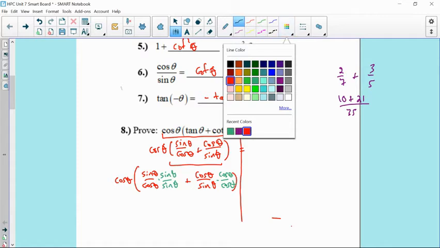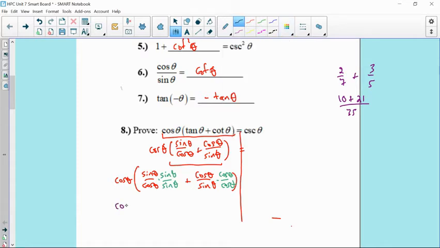So when I do that, I still have this cosine of theta. Now this becomes sine squared theta. And I can't really simplify this. It's just sine theta, cosine theta in the bottom. And it's a product, so the order doesn't matter. It's commutative. And this is cosine squared theta over sine theta, cosine theta.